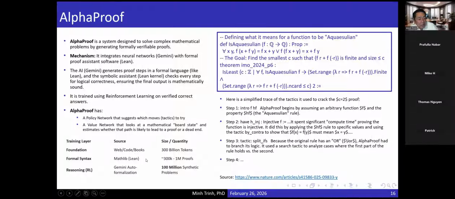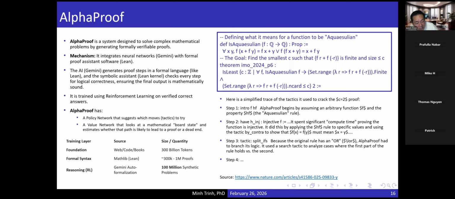These were created by Gemini. With the help of Gemini, they created a lot of proofs, then verified some of the proofs, because not all the proofs are correct. Then you have pairs of synthetic problems with synthetic proofs which are deemed correct.